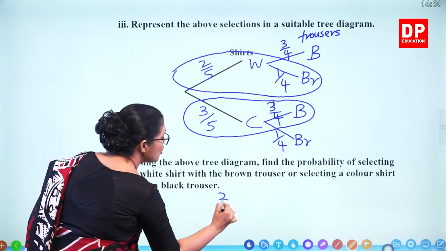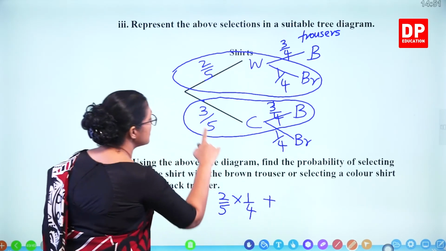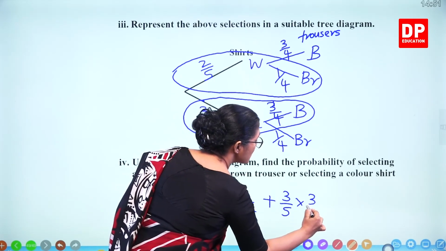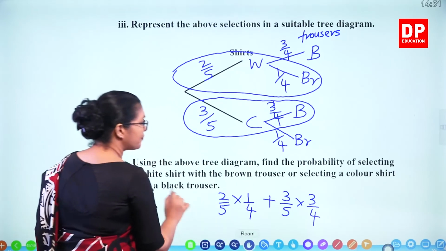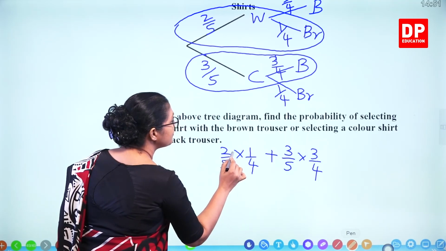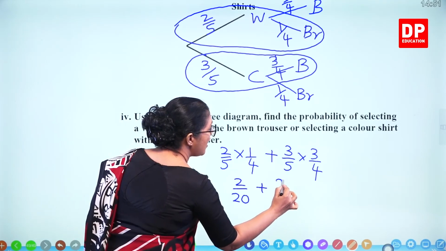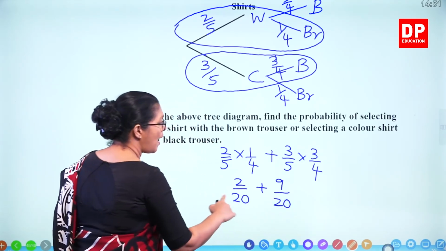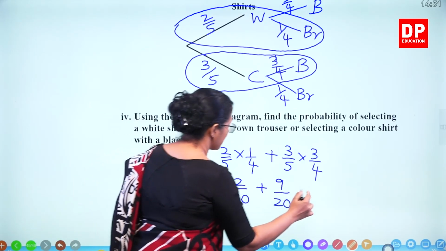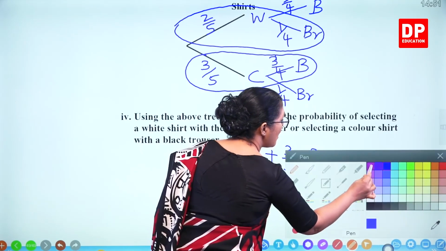This branch is 2/5 times 1/4, plus what is this branch? 3/5 times 3/4. So simplify, you get 2 over 20 and 9 over 20. I didn't simplify because you get the same denominator. So 2 plus 9, 11. 11 over 20 is the final answer.